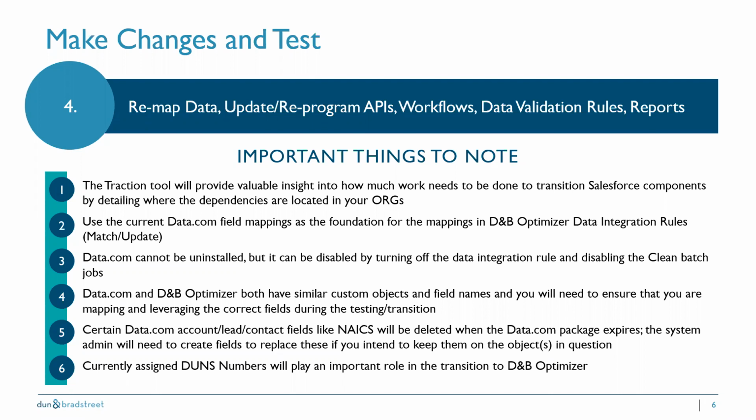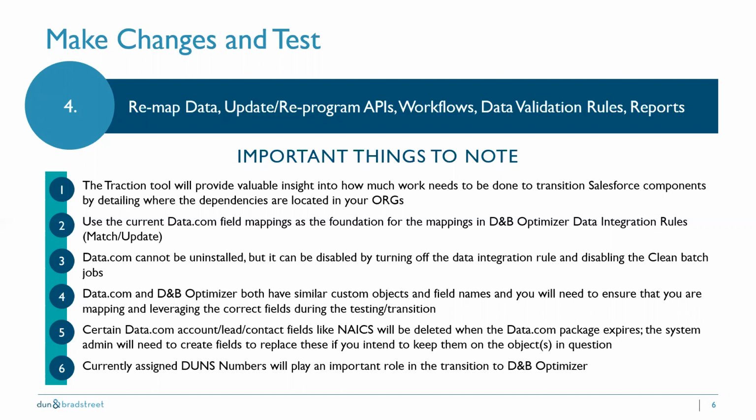So one, I mentioned this already, the Traction tool, very important in terms of providing the insight. So we're making that a standard part of our recommendation when you're onboarding with us. Our onboarding team, when you're taking possession of the license for Optimizer, is going to recommend that you use that tool. Second thing is that in data.com, you already had some field mappings associated with that. It's the foundation found in the admin portion of data.com.